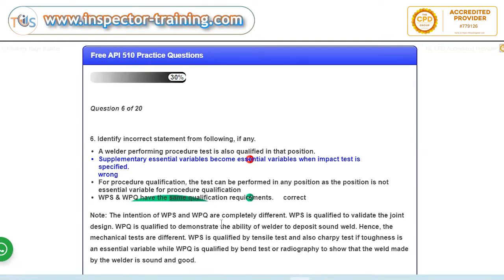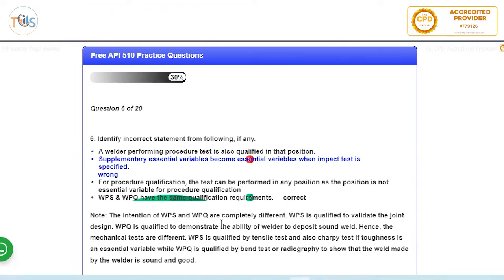That means a welder who does the test coupon to qualify a WPS in preparation for the PQR, if it passes, is also qualified as a welder in the position he has welded. ASME Section 9 allows this. Now, supplementary essential variables become essential variables when an impact test is specified. That's also correct.